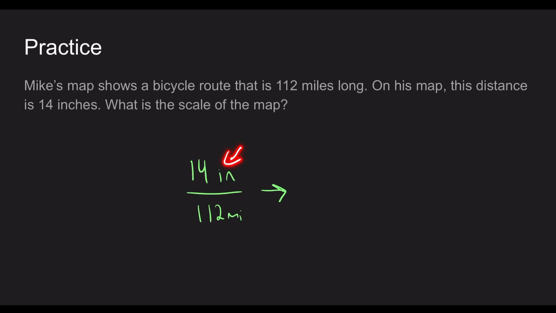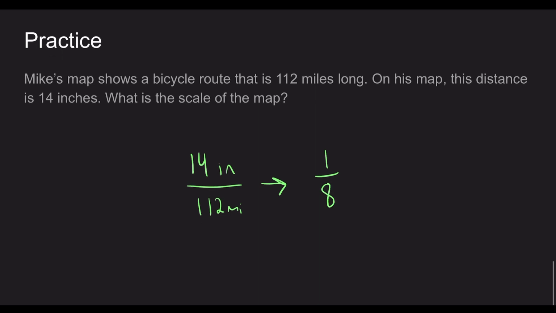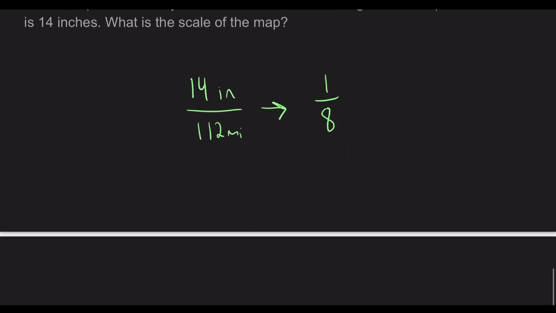So we want to change that 14 to a 1. How do we do that? We divide by 14. So 14 divided by 14 is 1, and 112 divided by 14 is 8. So we get a 1 to 8 ratio. Everything on the map is 1 to 8 in real life. 8 times bigger in real life, in other words.